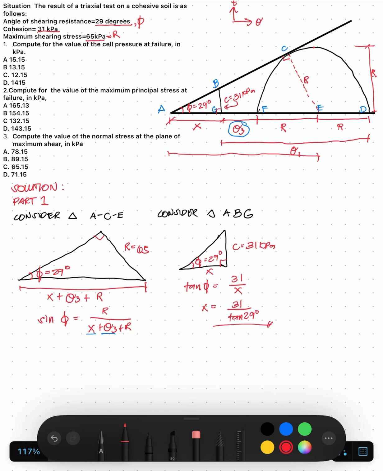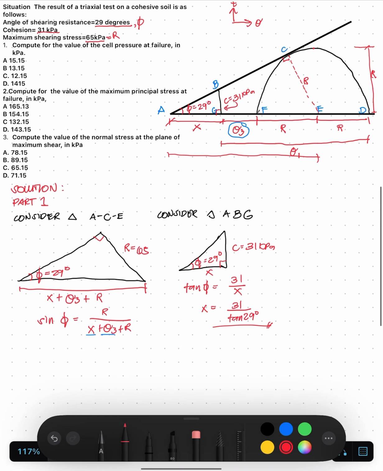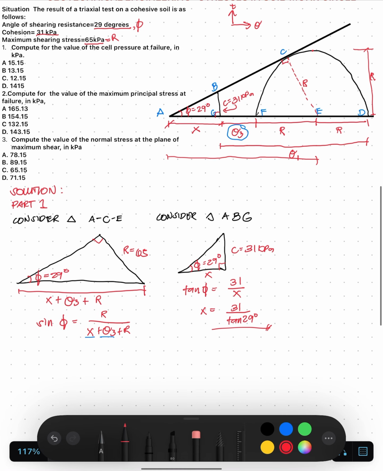A tip for this subject is to take all of the numbers and not round off, because sometimes it will not give you the exact answer. So do not round off, just take all of the answers.